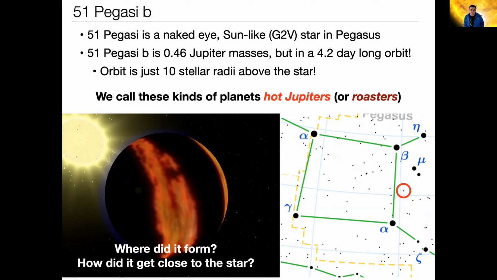And so the idea has arisen, and this is true of many of the solar systems that we see, that it probably formed somewhere far away from the parent star, and somehow over time, through either interaction with the protosolar nebula, interaction with small bodies in the solar system, gravitational tugs from other planets, all kinds of things we can imagine, it slowly moved itself in until it got into this very short period orbit just over the surface of its star.